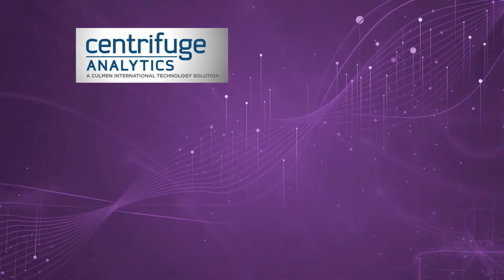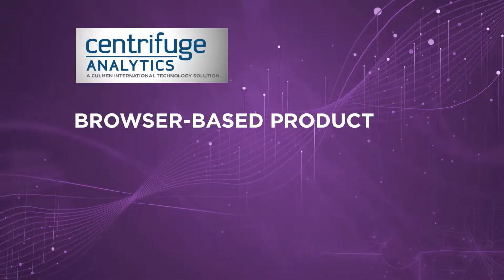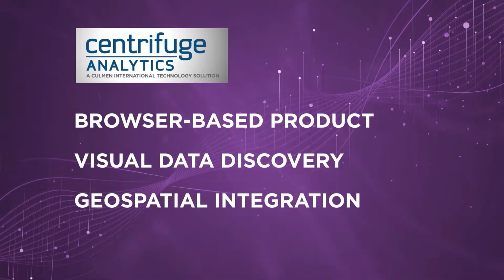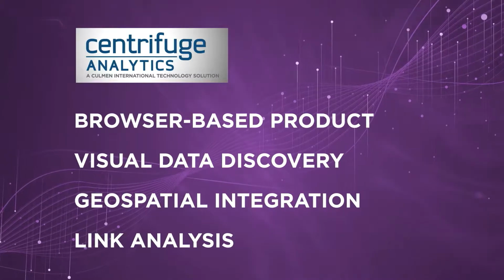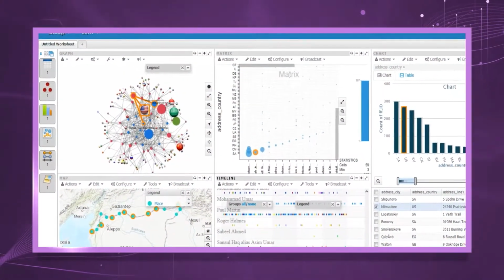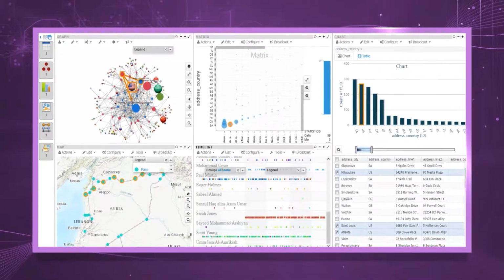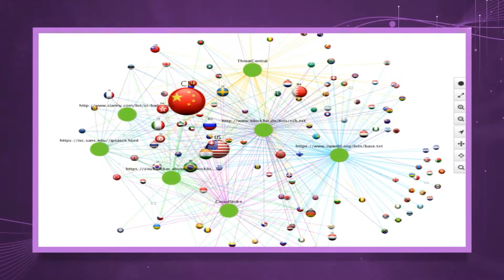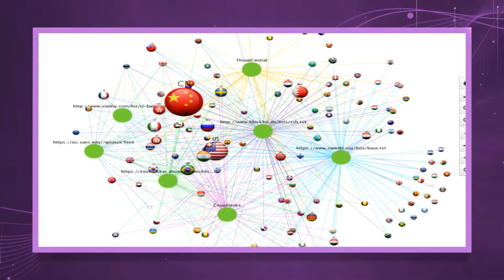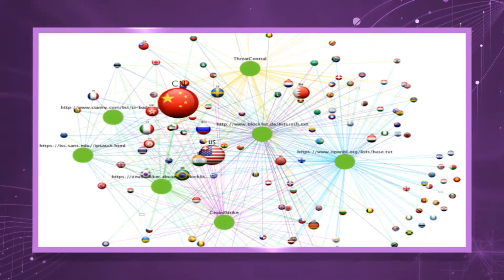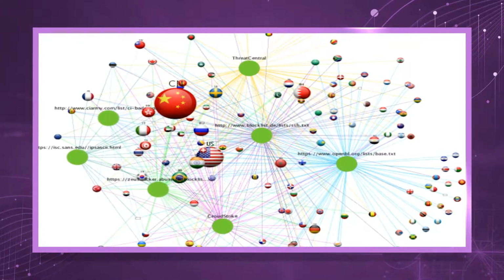Centrifuge Analytics is a 100% HTML5 browser-based product that provides visual data discovery, geospatial integration, and link analysis. This tool will simplify both your analyses of data and the integration of data from multiple sources. It does so by using advanced interactive visualizations, allowing investigators and analysts to integrate those data points into breakthroughs for different use cases.